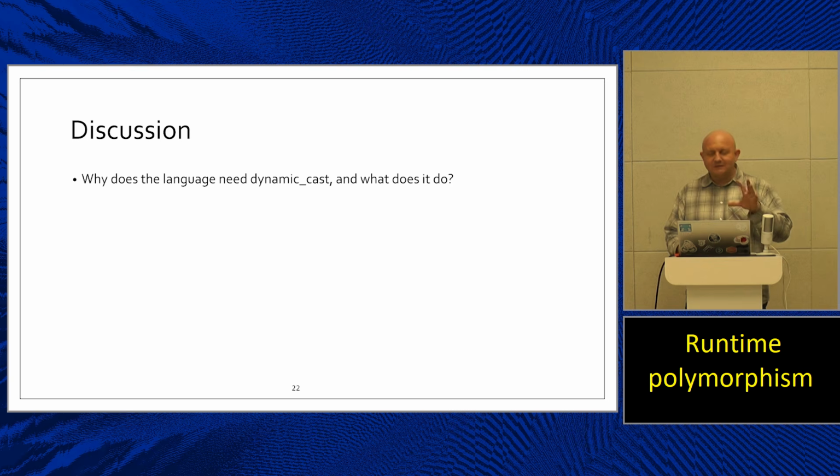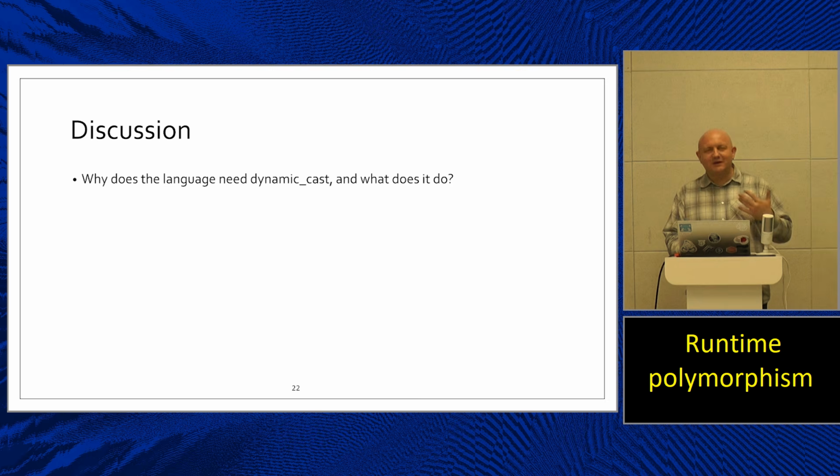The offset between sub-objects is not known statically. You cannot just reinterpret the pointer. You need runtime knowledge of the object's layout. And dynamic cast provides precisely that. Dynamic cast exists in the language only because virtual inheritance exists in the language. And this is why dynamic cast exists.